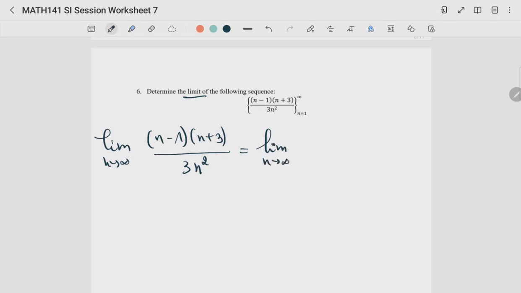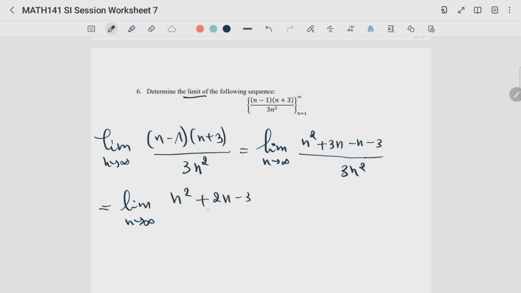So we have the limit as n tends to infinity of n squared plus 3n minus n minus 3 divided by 3n squared, just equal to the limit as n tends to infinity of n squared plus 2n minus 3 divided by 3n squared.